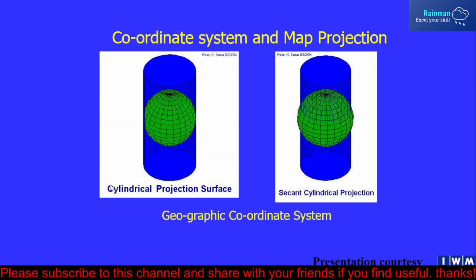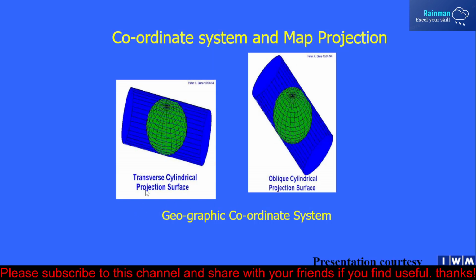As I said earlier, a cylindrical projection system is nothing but fitting your globe into a cylinder, then cutting the cylinder and unrolling it, and you will get the cylindrical coordinate system. And this is the second one, the transverse cylindrical projection surface.